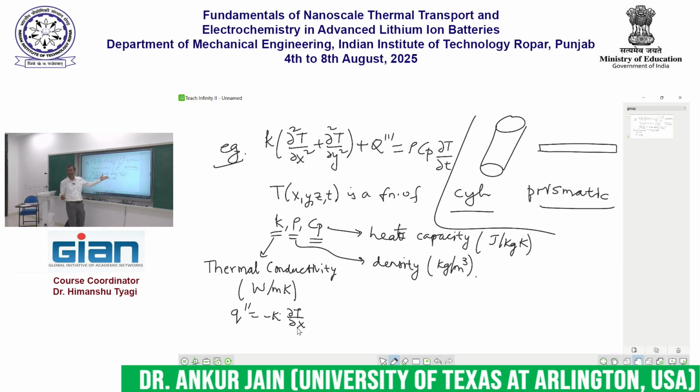The meaning of density is of course quite clear. It is the mass density, how many kilograms there are per meter cube. The meaning of heat capacity, we have also seen this. The heat capacity appears in the expression for the energy content of the body. m Cp T is the amount of energy contained in the body, right?